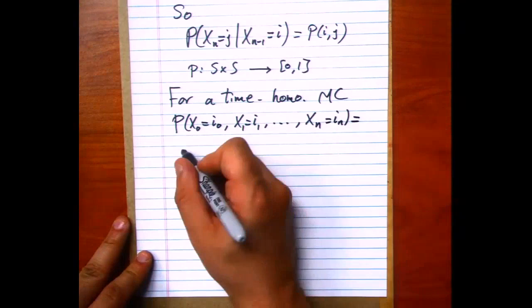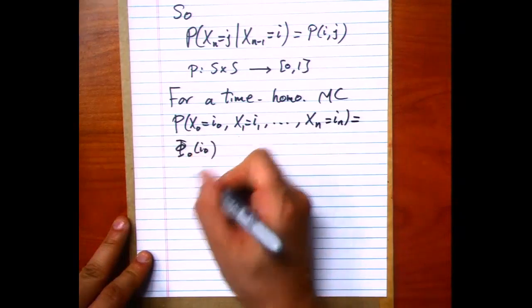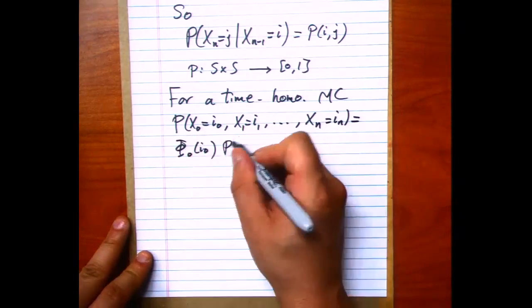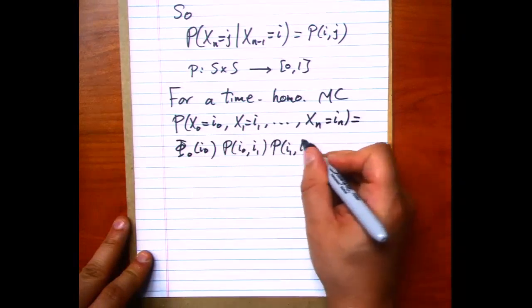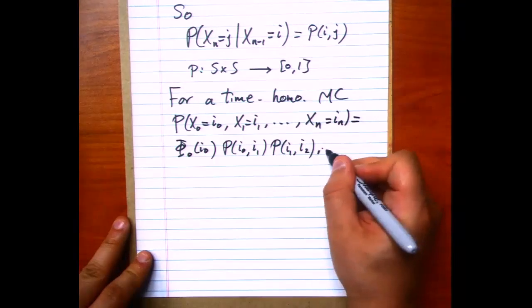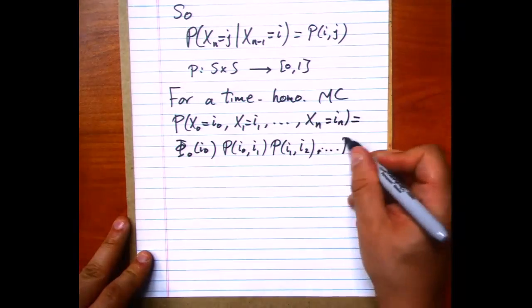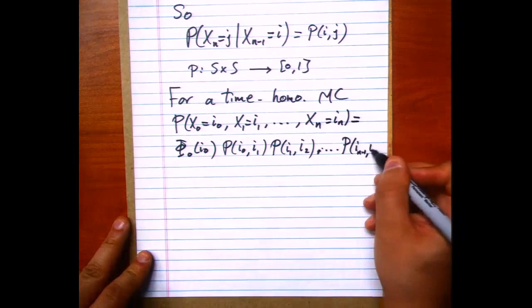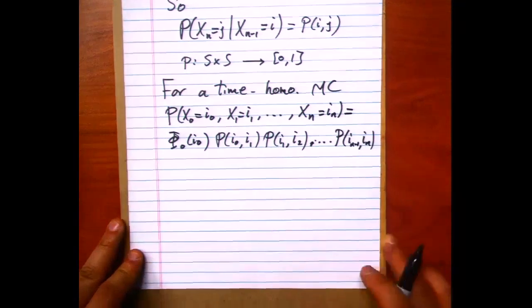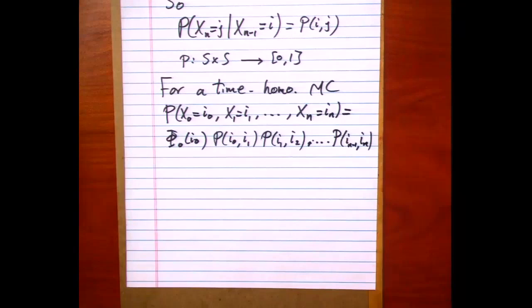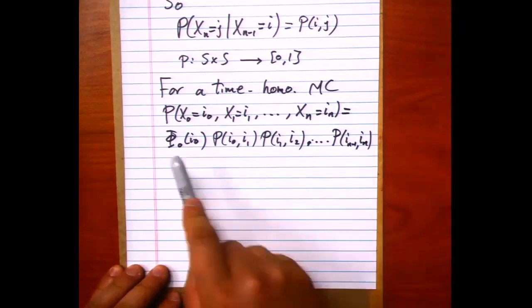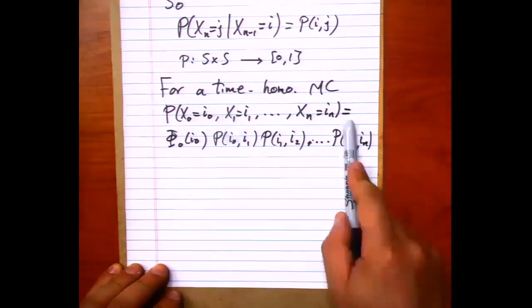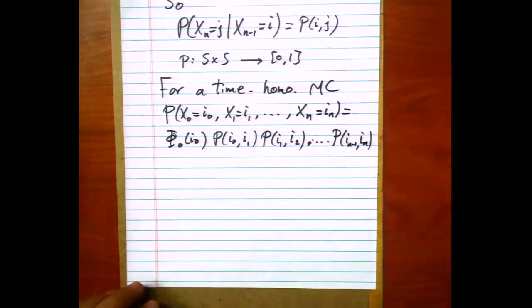It's P0 of i0, the probability of starting from i0. Then it jumps from i0 to i1 in one step. Then it jumps from i1 to i2 in another one step. And so on. It keeps multiplying probabilities from i_{n-1} up to i_n at the end. This is a very simple formula. Now we can study that joint distribution. Just give me the transition probabilities for that Markov chain and give me the initial distribution. I give you the joint probability distribution, and then we are done.